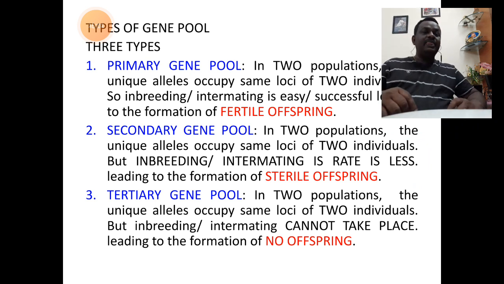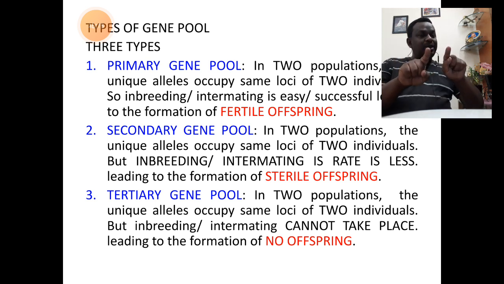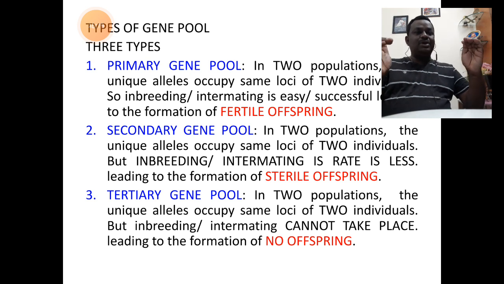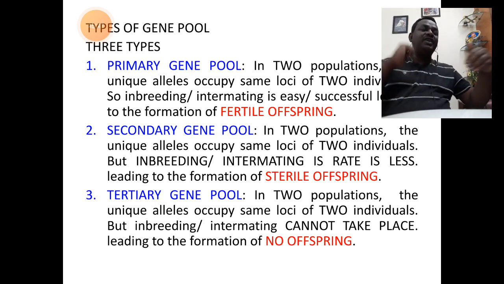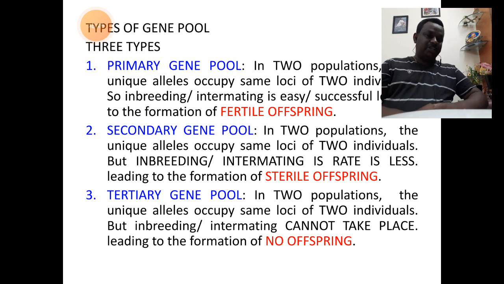Students, remember, if two populations with the unique alleles mate and produce fertile offspring, we call it the primary gene pool. If two populations with unique alleles occupying the same locus inbreed, and the inbreeding rate is lower, forming sterile offspring, we call it the secondary gene pool.